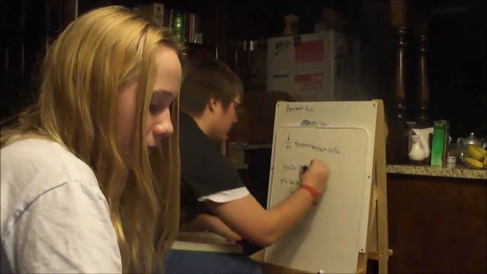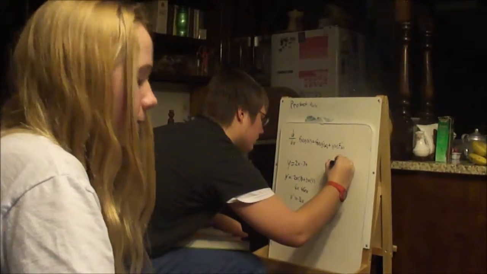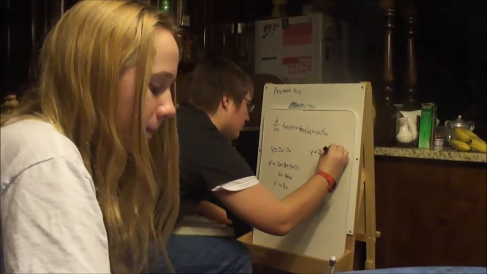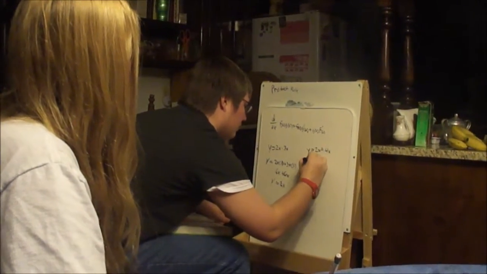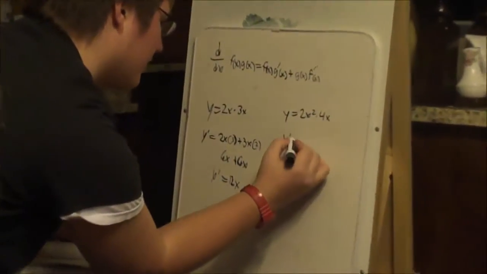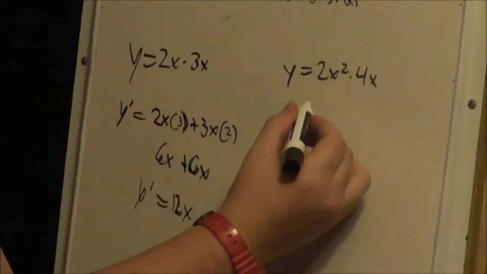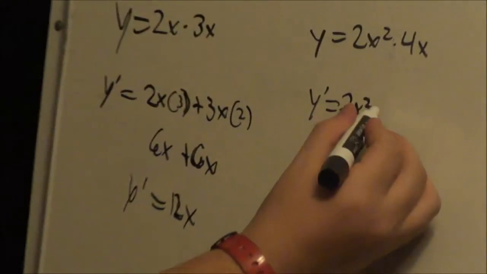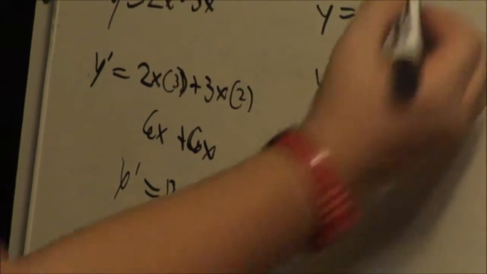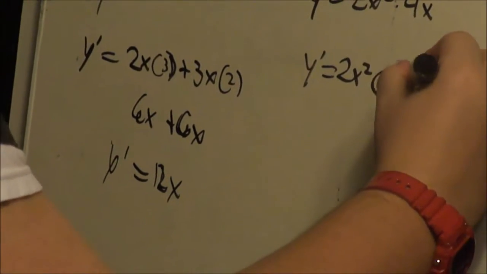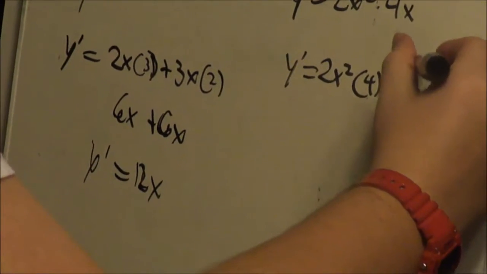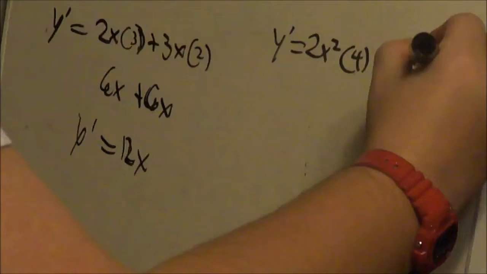Another one would be 2x squared times 4x. So y prime is the 2x squared alone, and then you find the derivative of 4x, and that becomes 4. And then you leave the 4x, and you find the derivative of 2x squared, which becomes 4x.